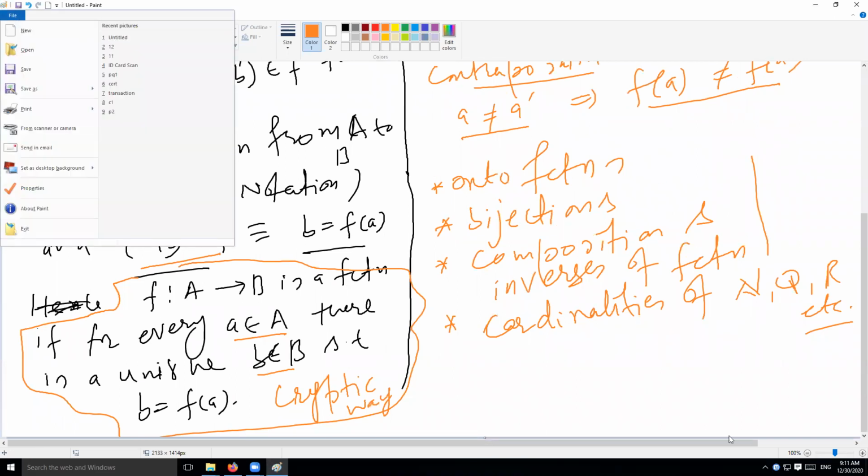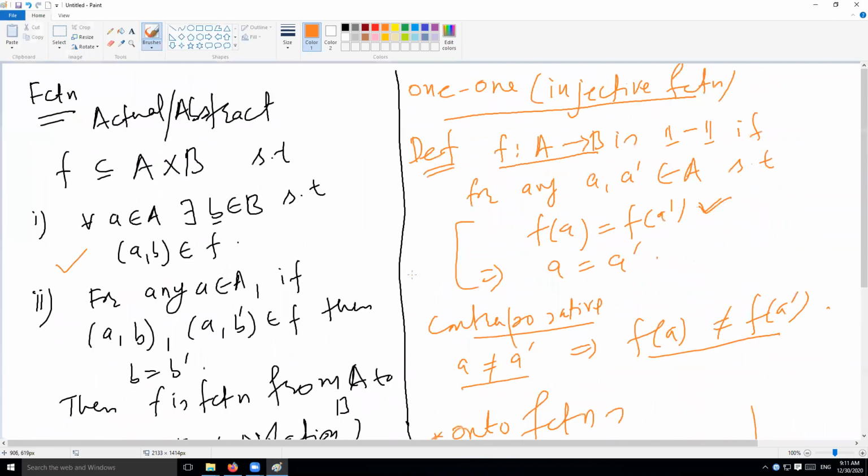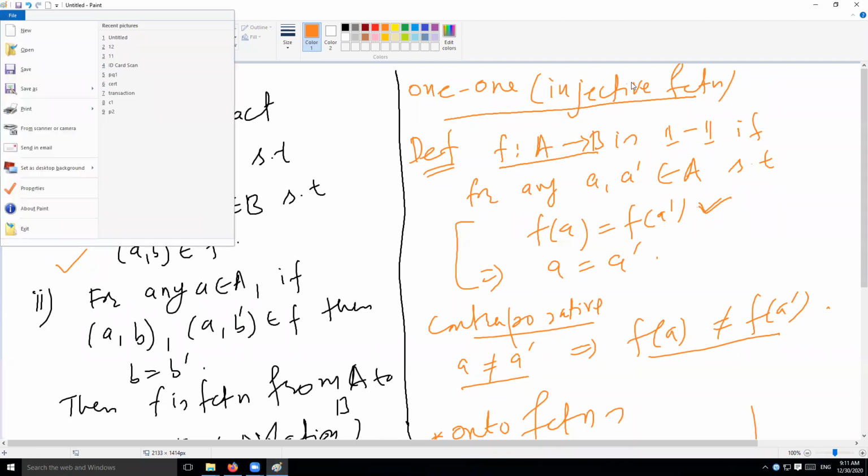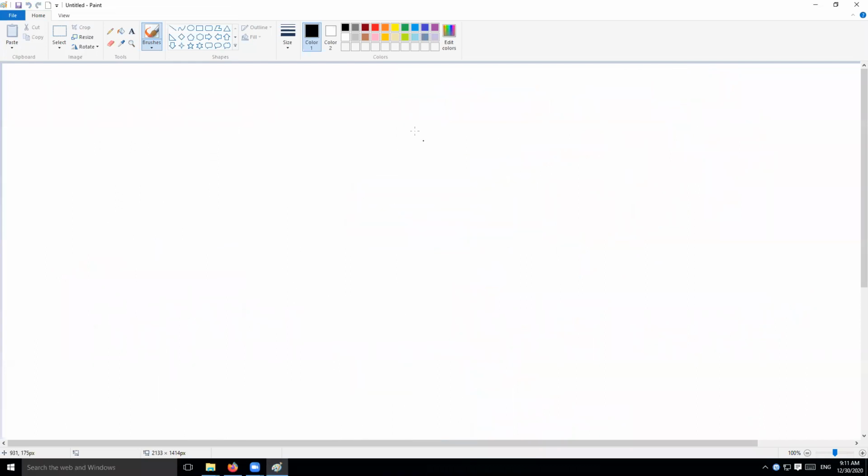So let's start. Is there a question from this previous discussion? Okay, so it seems there is no question. So let's start with, what do you mean by an onto function?